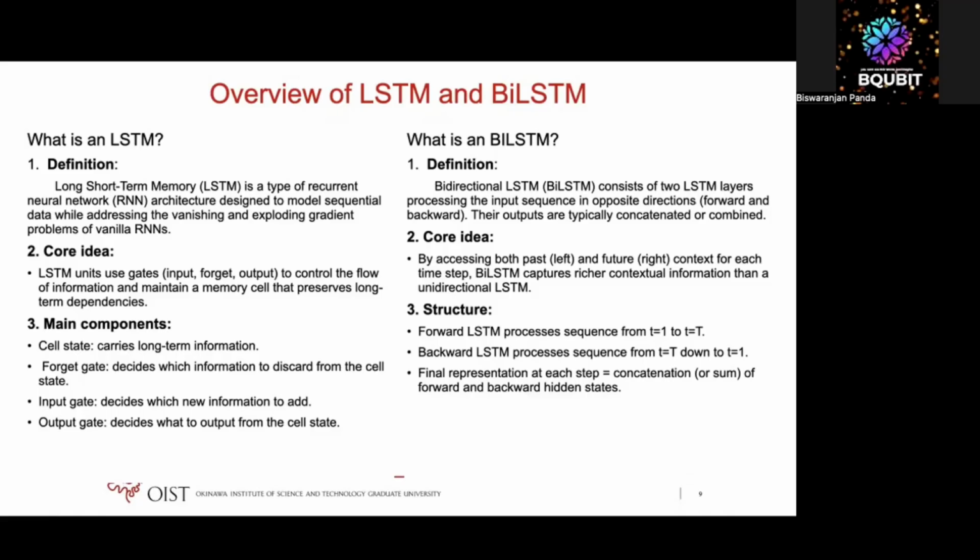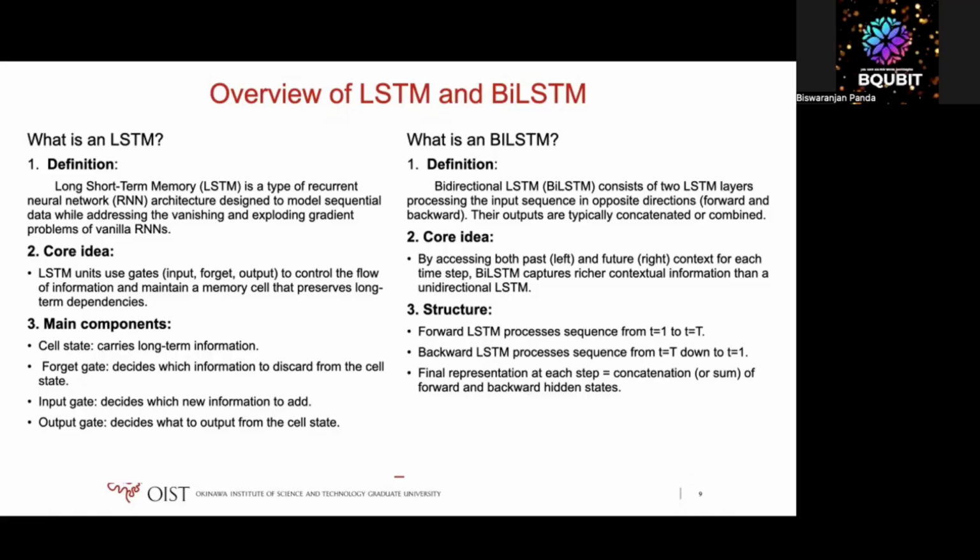Then the output gate decides what we should give as output from the cell state. And the forget gate, which decides which information to discard, I already told you, right? I think so. Okay, so this is the LSTM model.